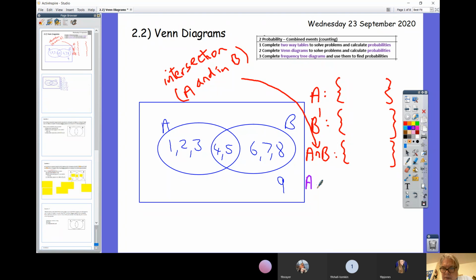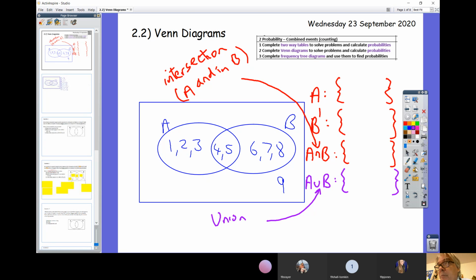And then I'm going to do it in a different colour just so it's easier. I want you to list A union B. A union B. So with hands up. Henry again. No, it isn't. Anyone else want to say what A union B was? Cecily?